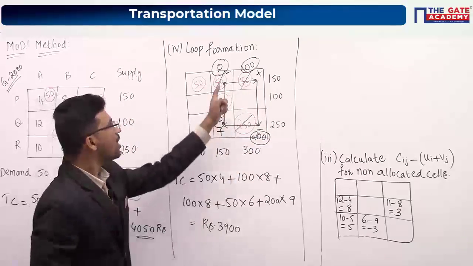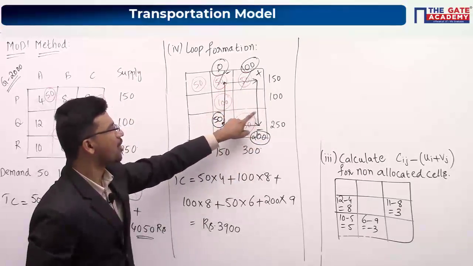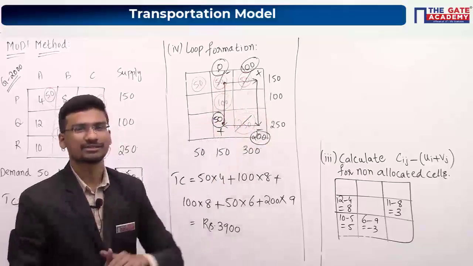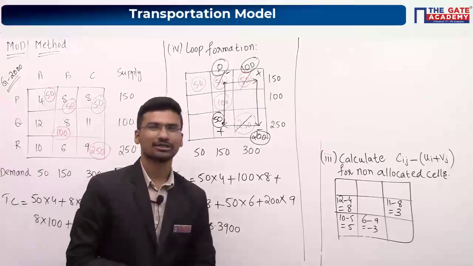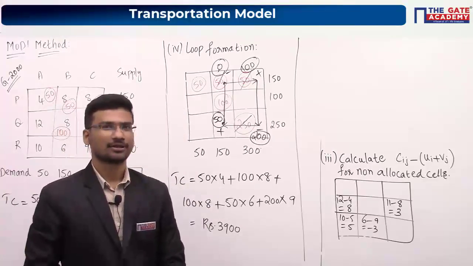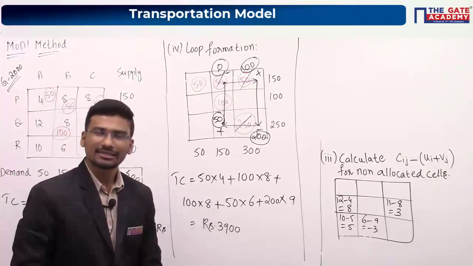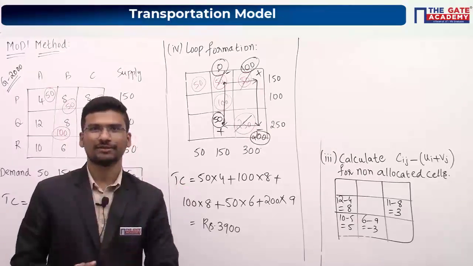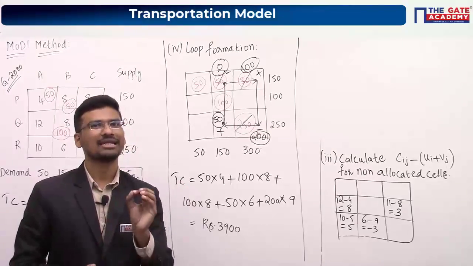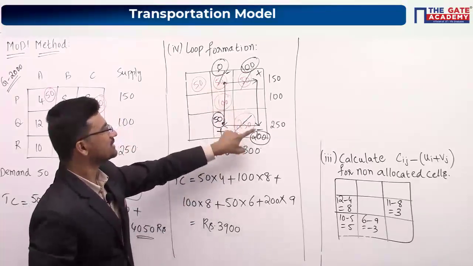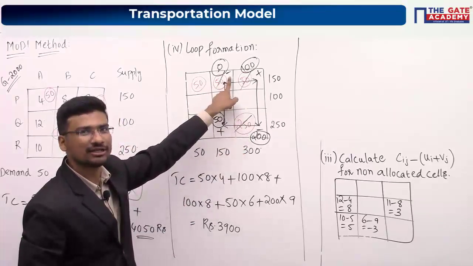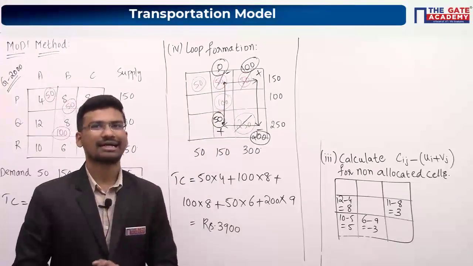Okay, among the negative cells, consider minimum allocation value for reallocation.